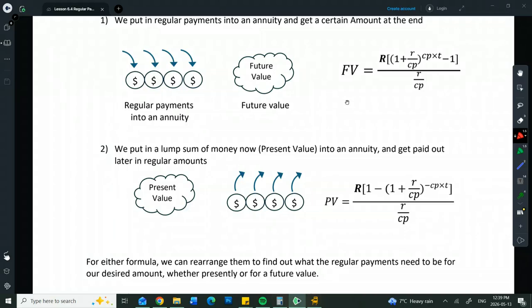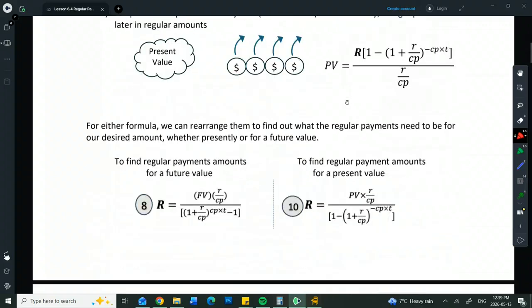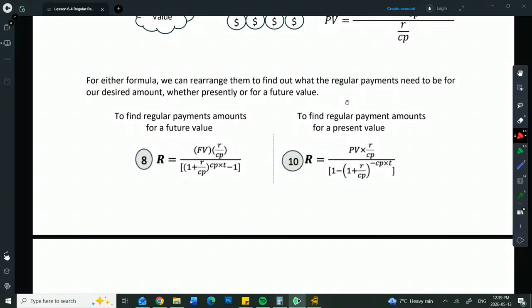So those are the two different formulas for that. In either scenario, we can rearrange these formulas to figure out what the regular payments are for a certain desired amount. So what are my regular payments for a desired future value amount? If I want to invest something and I want, maybe, $1 million by the time I retire, I can figure out what those regular payments are if I can estimate my projected interest rate.